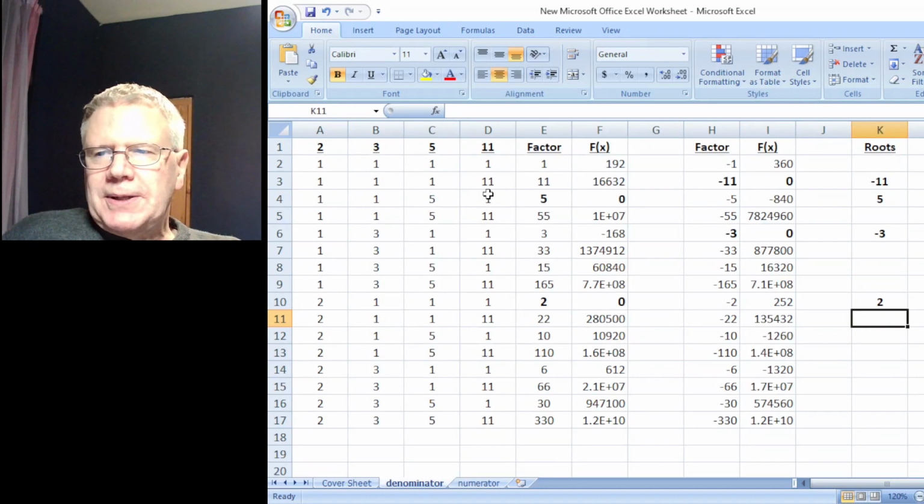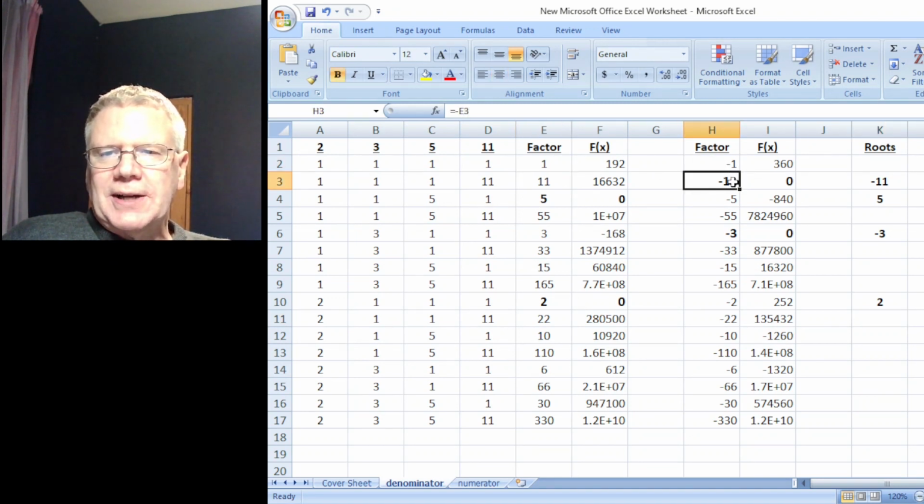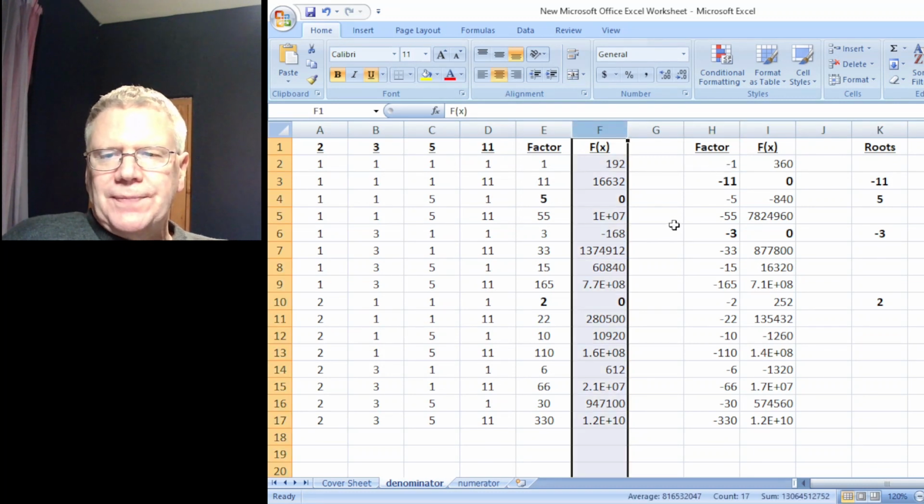And we set up a spreadsheet with the prime factors. And this is the topic of one of my earliest videos. These are all the factors. Over here is just a minus sign. So if 11 is a factor, minus 11 is a factor. Remember, plus and minus are both possible factors. And then I just test them out to see if I get 0.